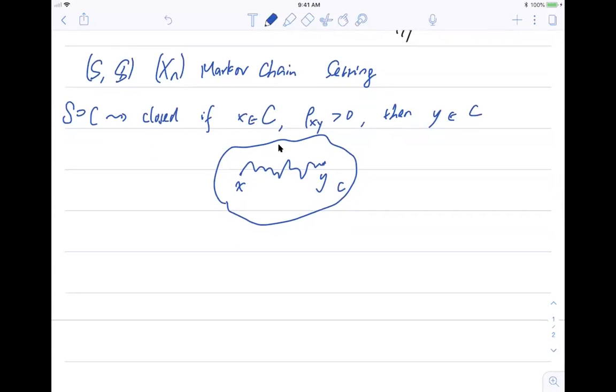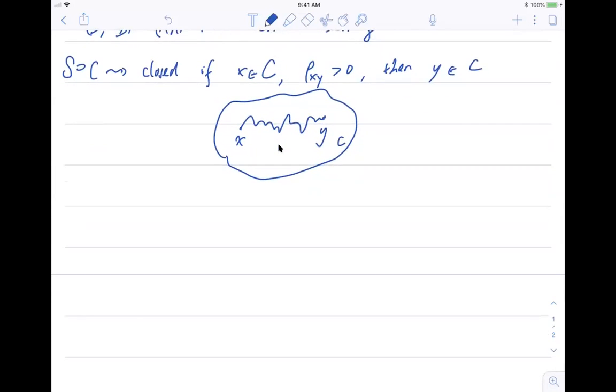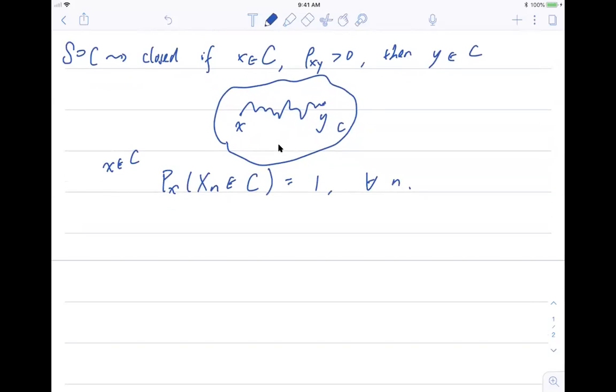You can easily check, as I told you, that if you're starting from X in C, then all your paths, your whole trajectory, will stay in this closed set C for all n.